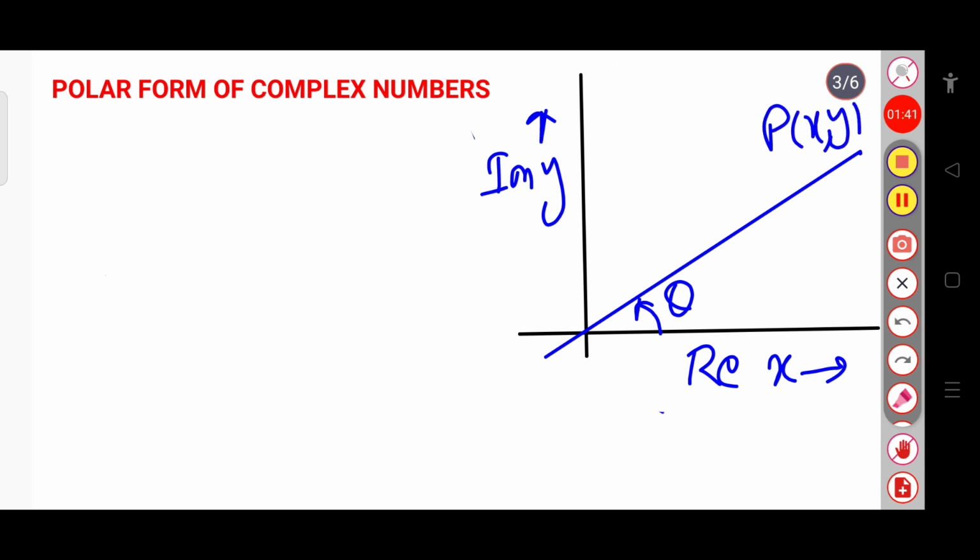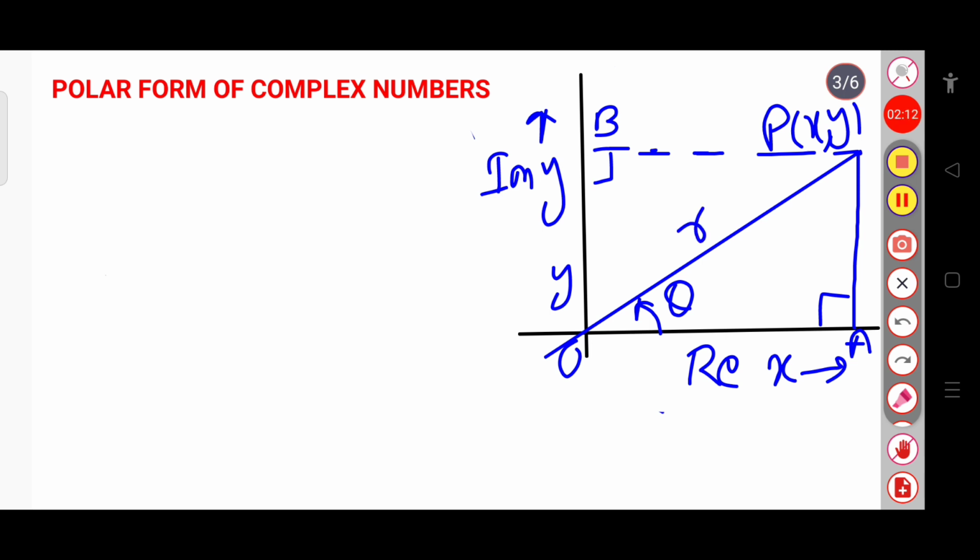If I draw a perpendicular on the x axis, then from O to A this distance is x. Similarly, if I draw a perpendicular on the imaginary y axis, this point B, OB, is simply y, and this distance O to P is r.